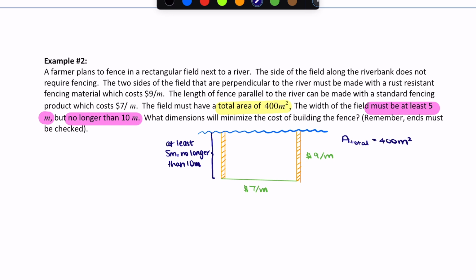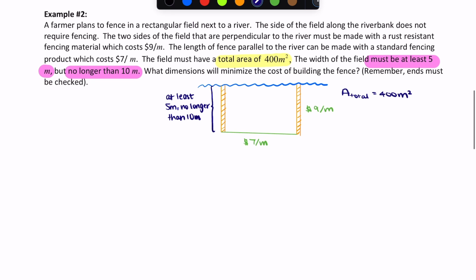Okay, so let's create a couple of let statements here. Let W represent the width of the fence in meters, and again, it has to be between 5 and 10 meters.